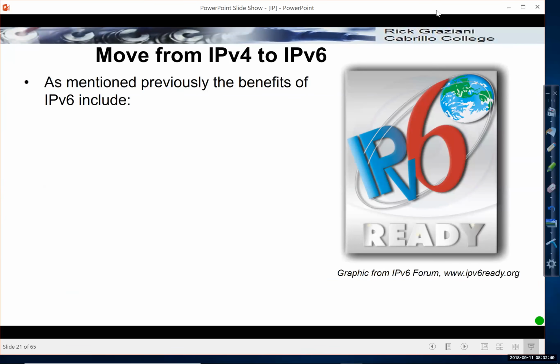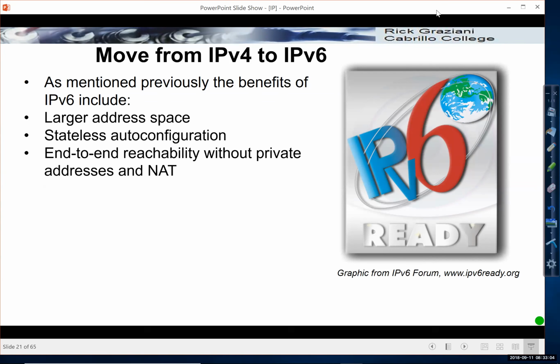Okay, so the move from IPv4 to IPv6, many of the benefits include obviously larger address space, but also some other things you'll learn about more later, including something called stateless autoconfiguration. Don't worry about these things now. We'll talk about them later. End-to-end reachability without private addresses and NAT, network address translation.